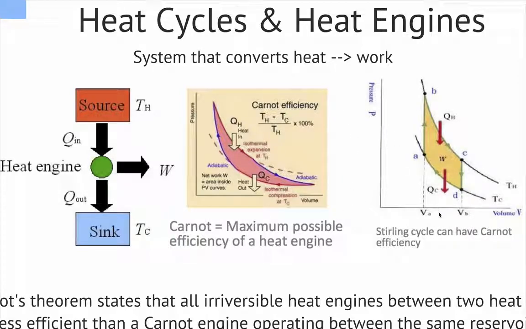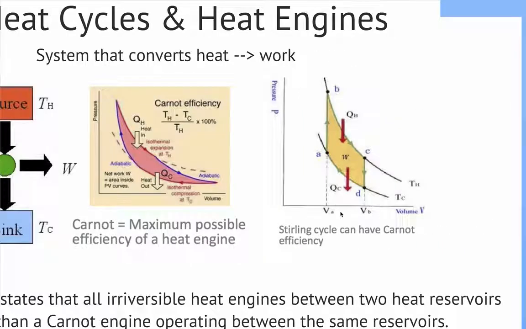Here's another example of a cycle referred to as a Stirling engine. It's a little bit different. We'll see the difference, but it can also achieve the Carnot efficiency. In this case, it's also a pressure volume curve.